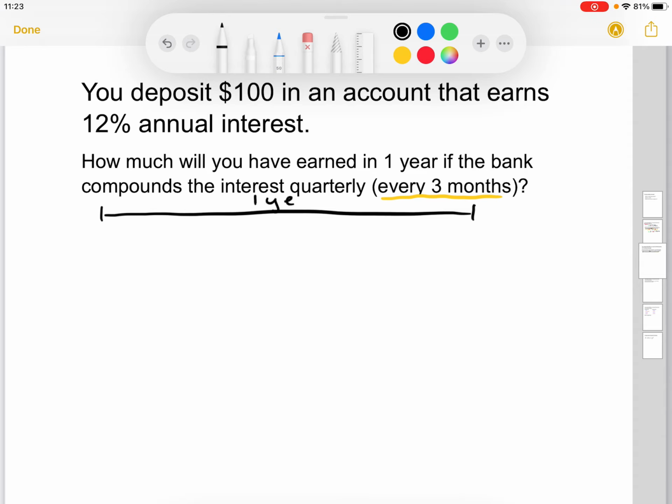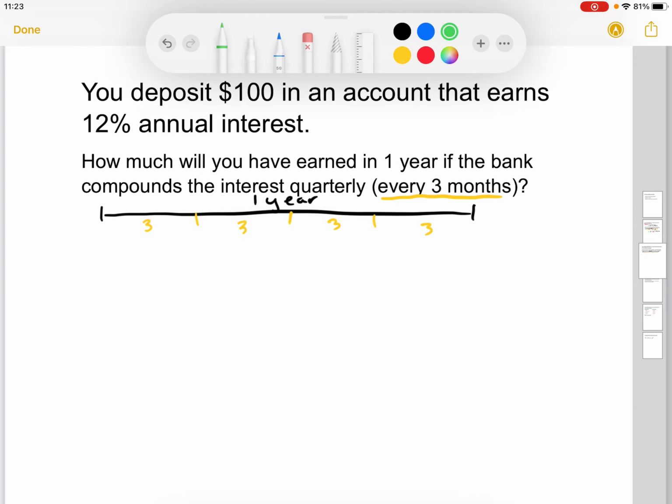We have 1 year, and it is split up into more than one period. In fact, quarterly means we're going to have 4 pieces. So we're going to have 3 months at a time for each of these spots.